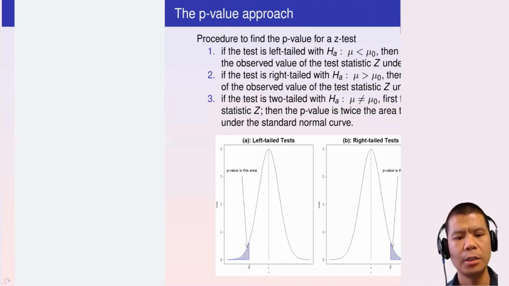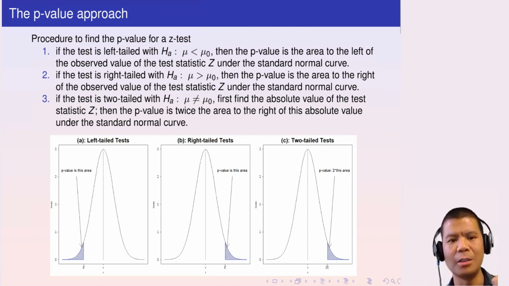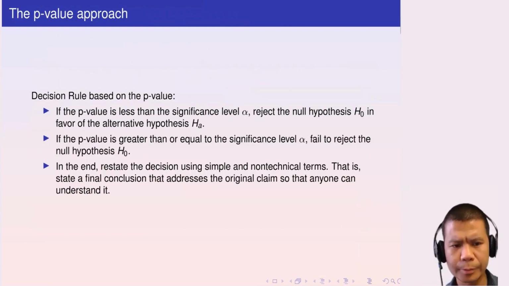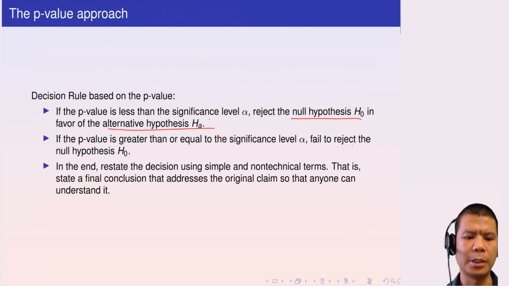Okay, so this is the p-value approach, as we stated before. There are 3 different cases: the left-tailed, right-tailed, and two-tailed. We are going to come back to this slide later. The decision rule as well, we discussed it. If the p-value is less than the significance level, reject the null in favor of the alternative. If the p-value is greater than or equal to the significance level, fail to reject H0.